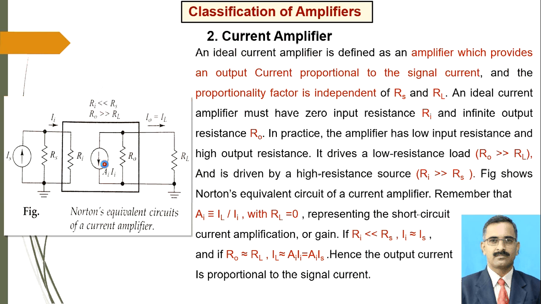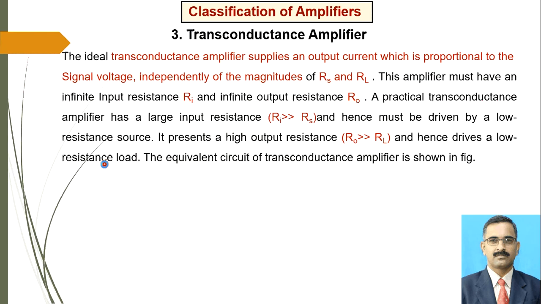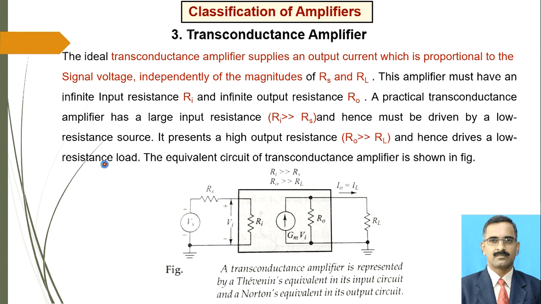Now the next type is the transconductance amplifier. The equivalent circuit of a transconductance amplifier is shown in the figure. This transconductance amplifier is represented by Thevenin's equivalent circuit in its input circuit, and at the output side, you are considering Norton's equivalent circuit.